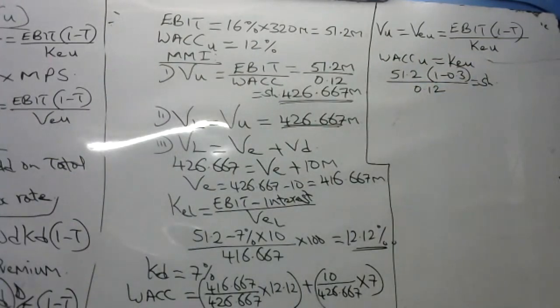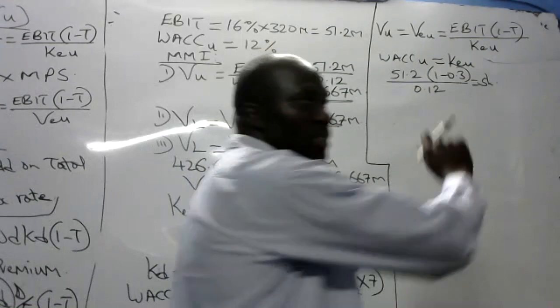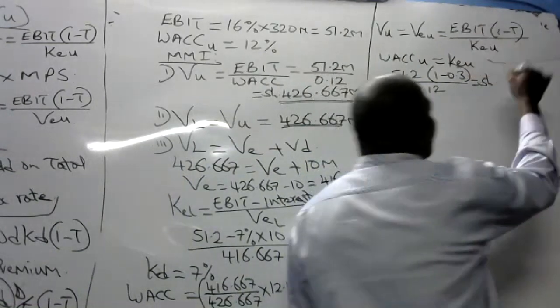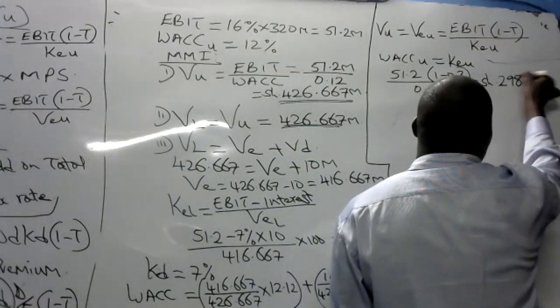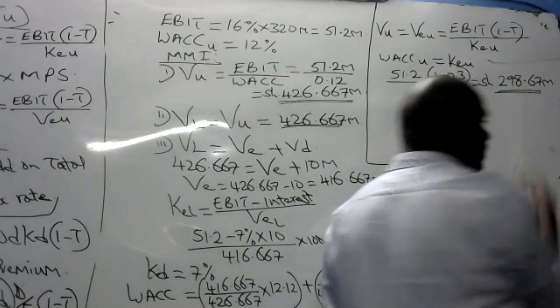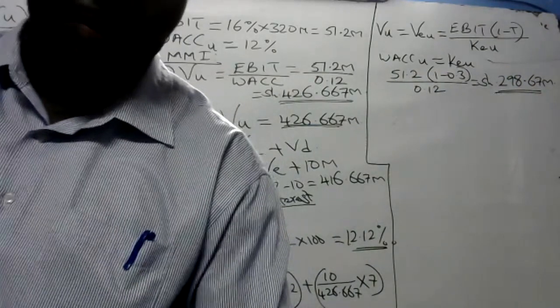What is the value of the unlevered farm? How much? 298.67. So 298.67 million.